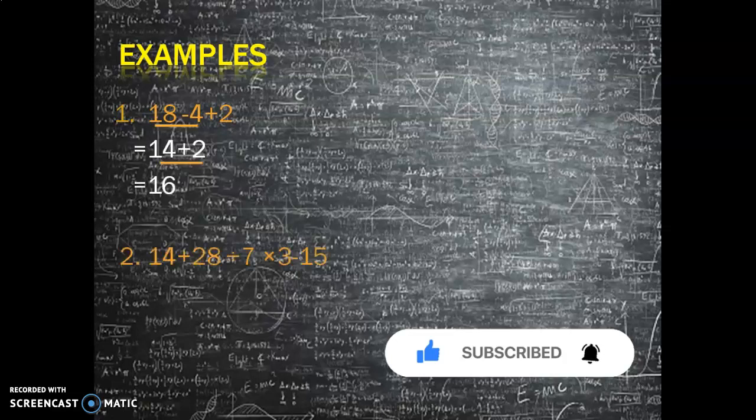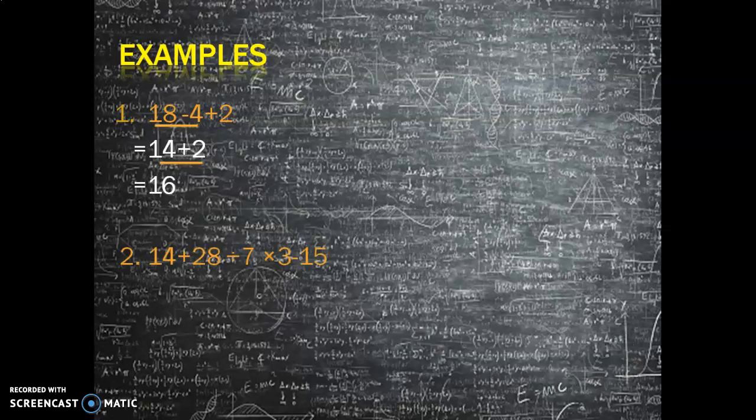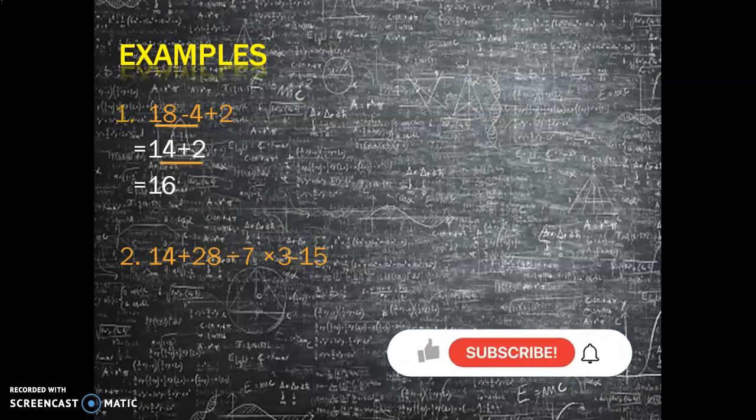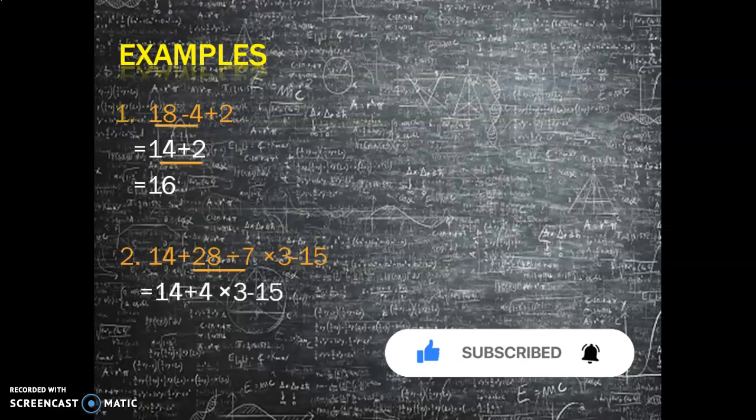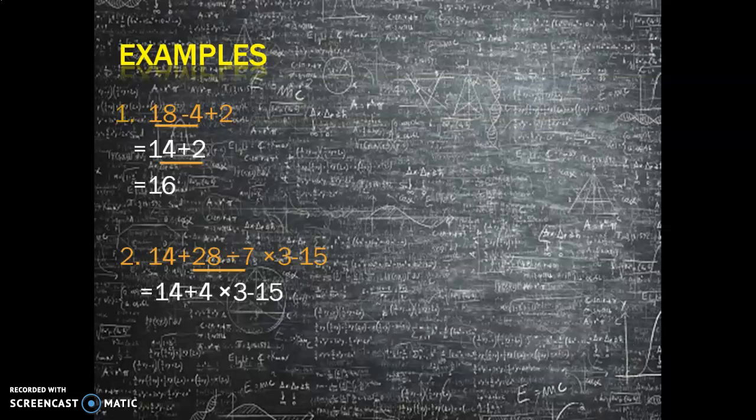Now see the next example. 14 plus 28 divided by 7 into 3 minus 15. This sum contains all the operations. So we will underline the division part, that is 28 divided by 7. We will get the answer as 14 plus 4 into 3 minus 15.